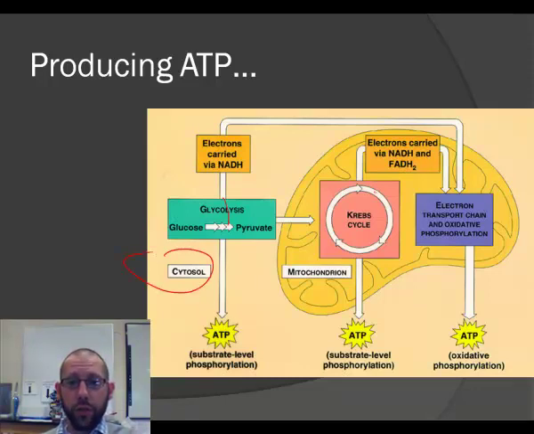Also, we have the citric acid cycle, the Krebs cycle. The Krebs cycle does very much the same thing, only it uses our friends NAD and FAD up here to provide electrons for the process of building ATP. And then, of course, when we use ATP and break those apart, we get those electrons back.